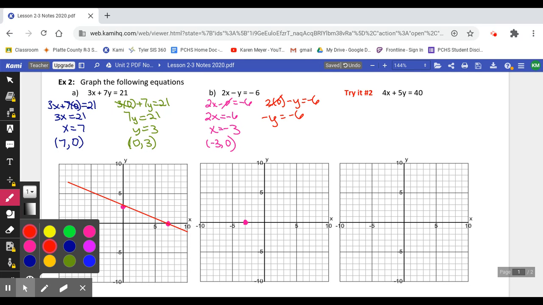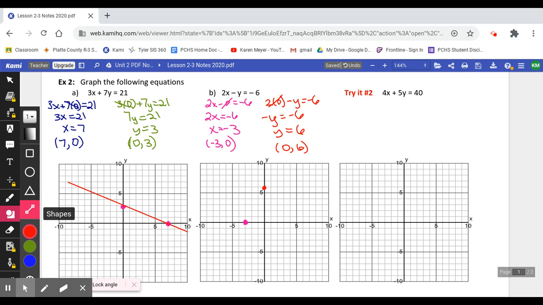Then divide both sides by negative, and you come up with y equals positive 6, which would be the ordered pair (0, 6). So on your y-axis, go up to positive 6 and put a dot. And then all you have to do is draw a line between them, and you are finished.